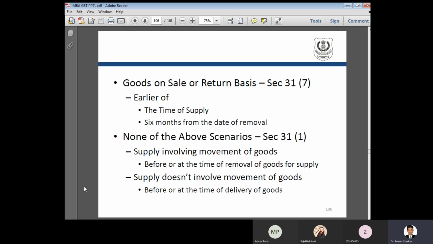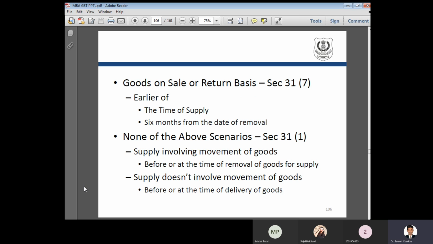So if you are selling the goods and if the goods have been returned to you, whichever time is earlier, that is whenever you have communicated to that particular seller, or whenever within the 6 months you have been removed from that particular return basis, that is 6 months from the date of removal. So either of these two situations is applicable, then accordingly your time of supply can be identified and the rate will be applicable, and you have to file the return accordingly.